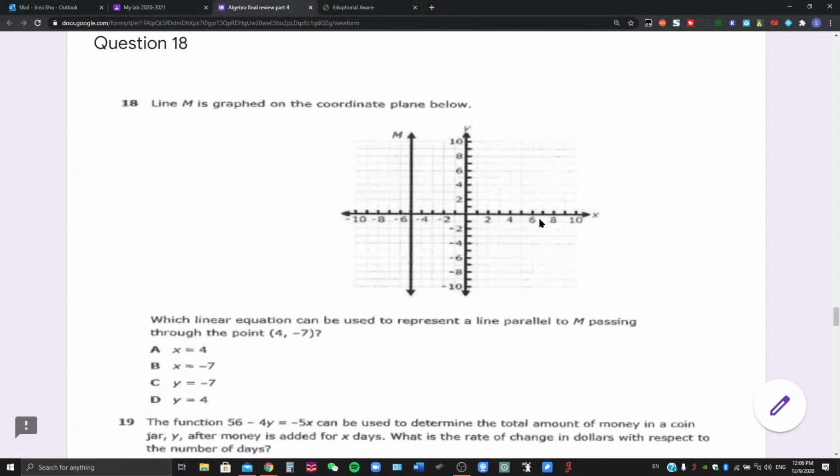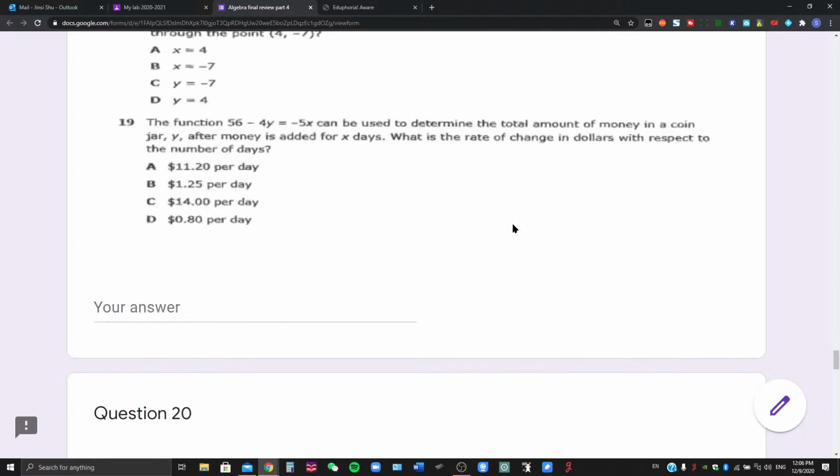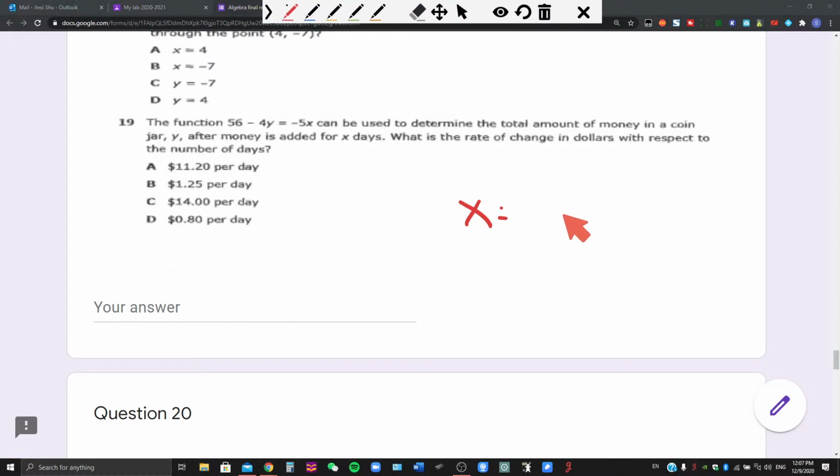Let's go to 19. The function 56 subtract 4y equals negative 5x can be used to determine the total amount of money in a coin jar after money is added for x days. So x is the days, y is money in the jar.